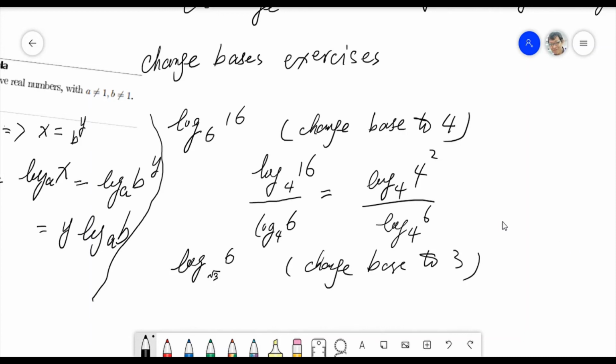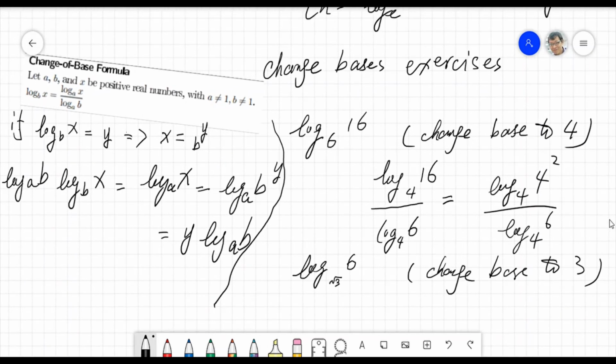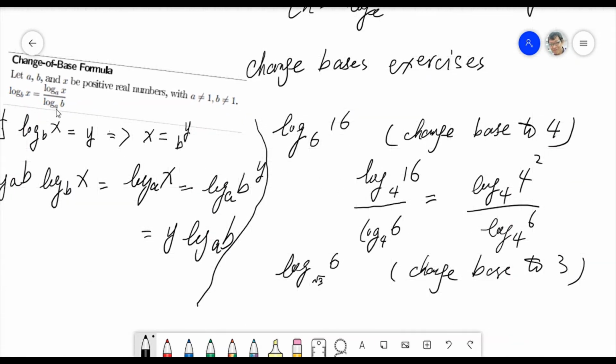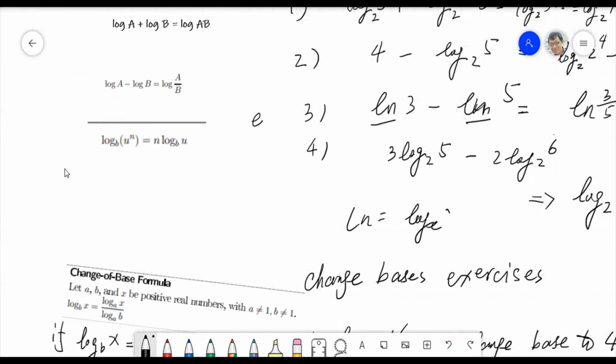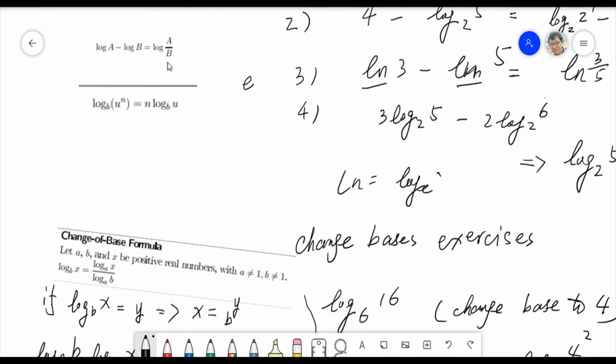Let me double check. I don't want to make a mistake. Next, it's log a of b. Yes, right. Because I want to check, it looks like log a of x divided by log a of b. I'm thinking whether this is similar to a division, but it's different.